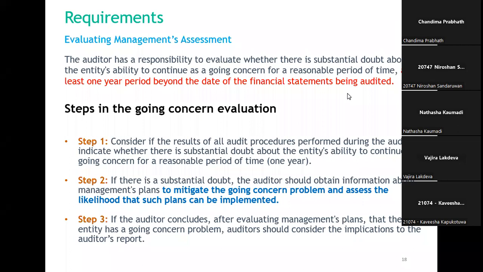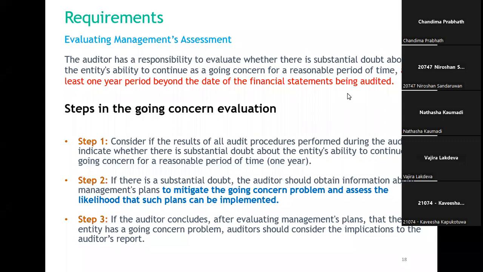Step 2, if there is a substantial doubt, as an example in the case of Sri Lankan Airlines, the auditor should obtain information about management plans to mitigate the going concern problem and assess the likelihood that such plans can be implemented. Now, the mitigating actions.